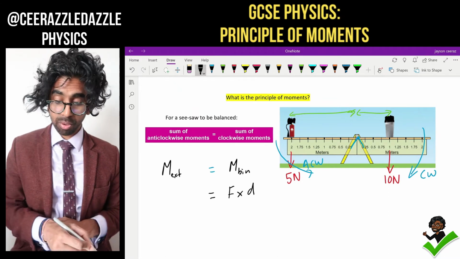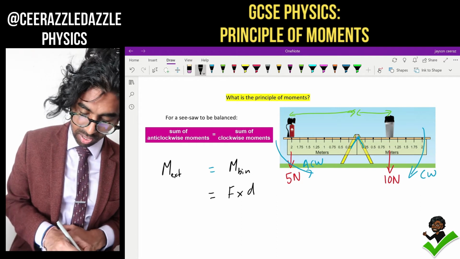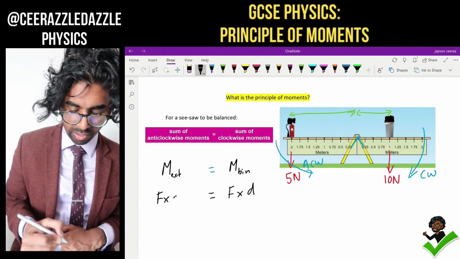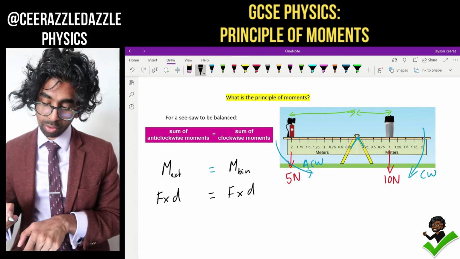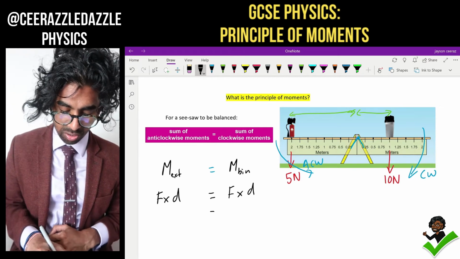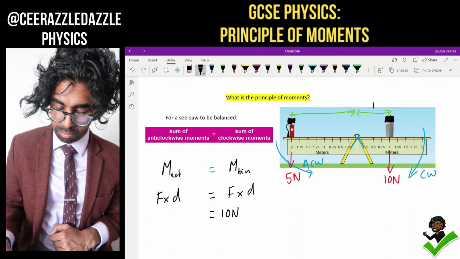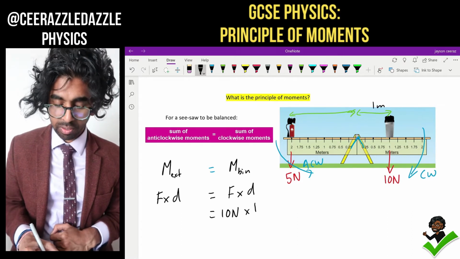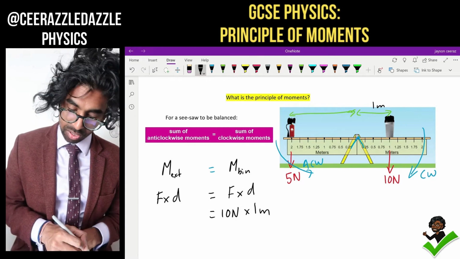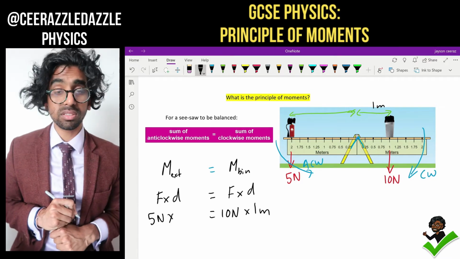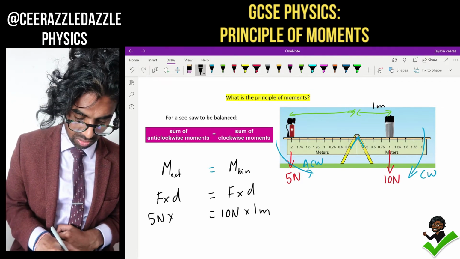And to calculate the moment of the extinguisher, it's also the force times by the distance. So let's work out the force of the bin. That's going to be 10 newtons. The distance to the pivot is, have a look, 1 meter. And now the other one, the force is 5 newtons and the distance is 2 meters.